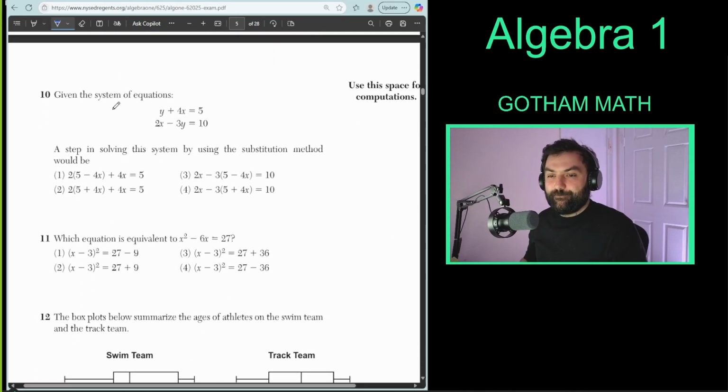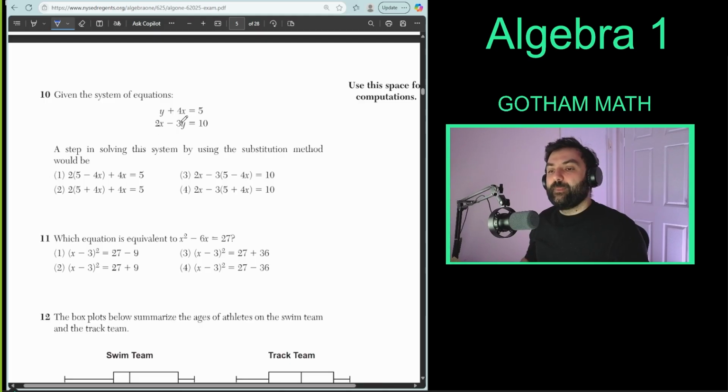10. Given the system of equations, a step in solving the system by using the substitution method would be... Substitution method is when we substitute something into something. Okay, so what are we dealing with here? So it's 2 times parentheses, which is probably something that has been substituted.